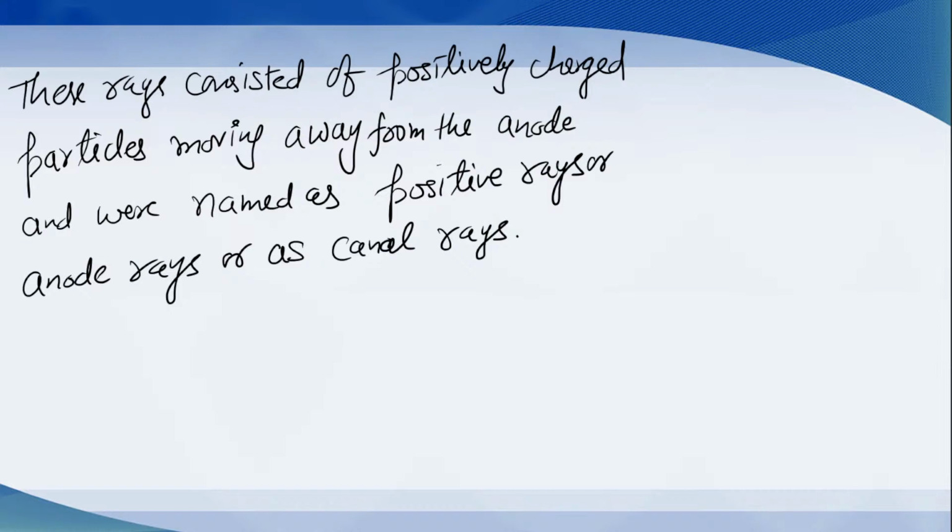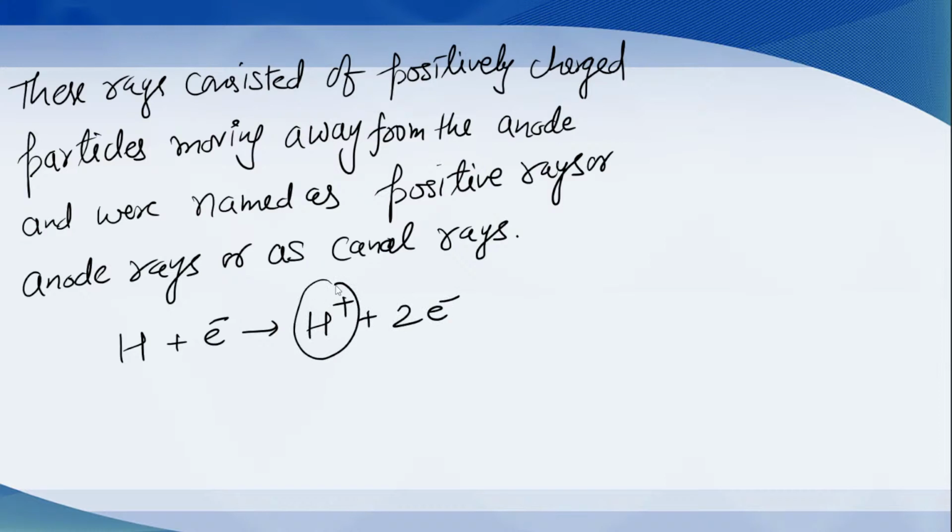Now, what is the origin of anode rays? Did you understand why there is a different nature of anode rays depending on the nature of the gas? See, if we have hydrogen gas and electrons strike the hydrogen, obviously it will lose one electron.